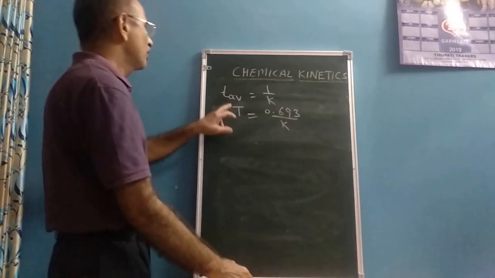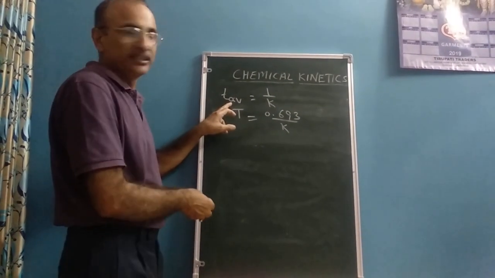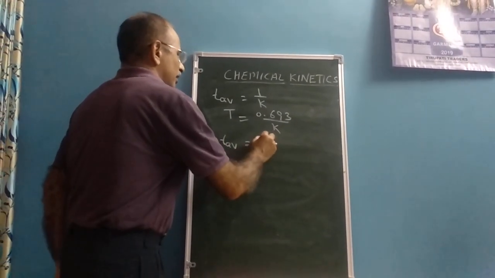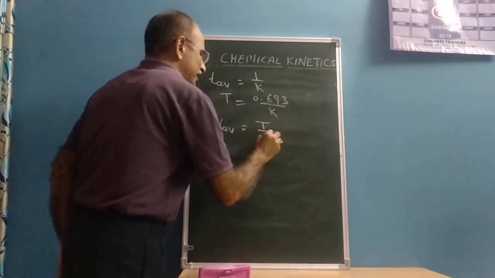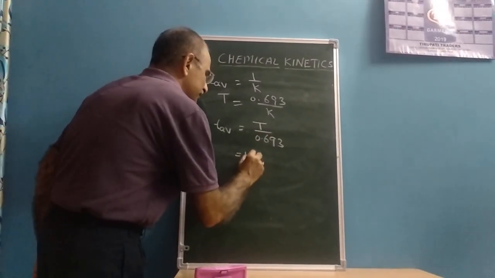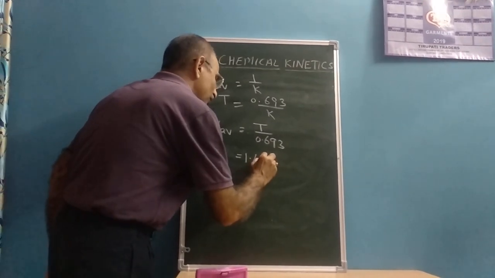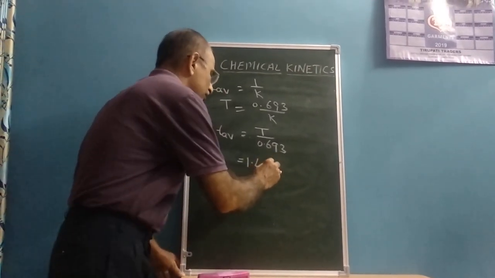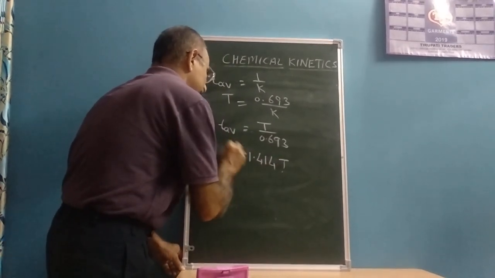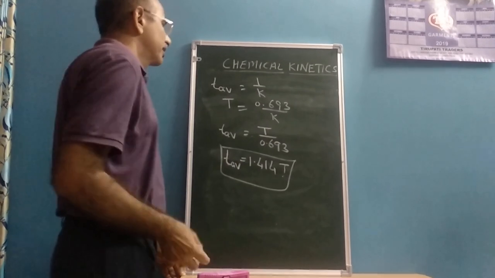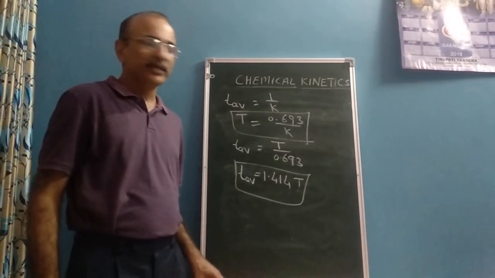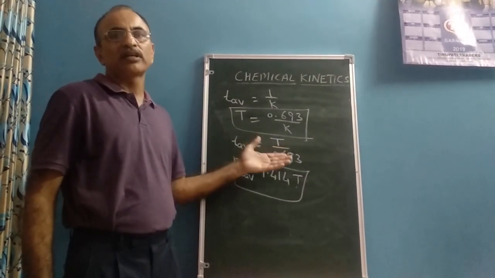When you find T average, it will be equal to capital T divided by 0.693. That gives 1.44. This is the average life period. It means we are able to find the half-life period as well as the average life period for first order reactions.